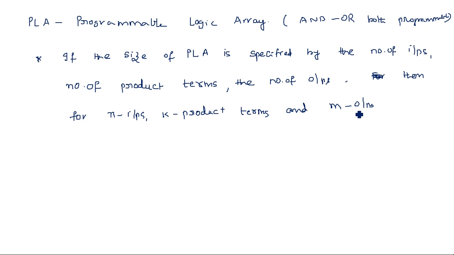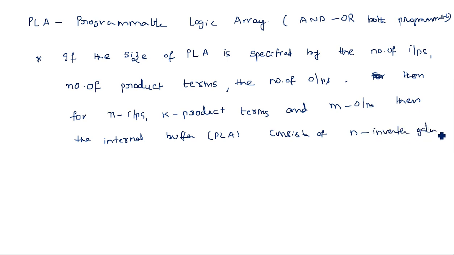Then the internal logic of the PLA consists of n inverter gates. Why n inverter gates? Because n inputs are there and n complemented inputs are there.